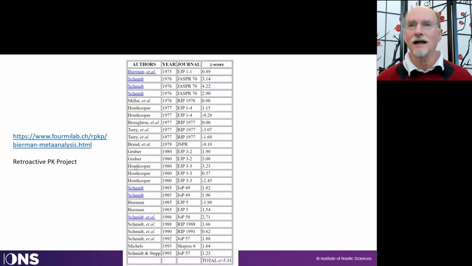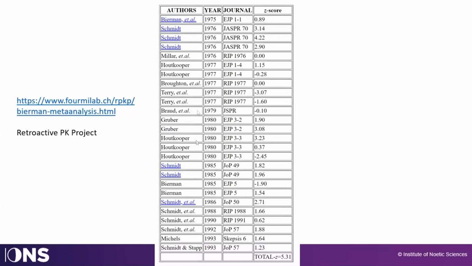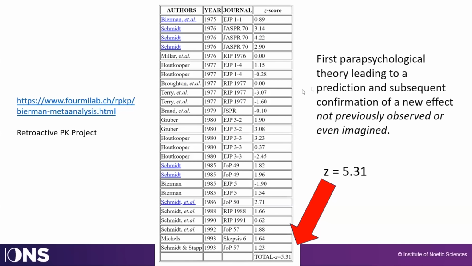So if you look at a meta-analysis of this, the first in 1975, the last known in 1993, overall a 5 sigma effect, which again, from a physics perspective, would be considered a discovery. This is a retroactive PK project. This was the first parapsychological theory leading to a prediction and a subsequent confirmation of a new effect that was not previously observed or even imagined to exist.